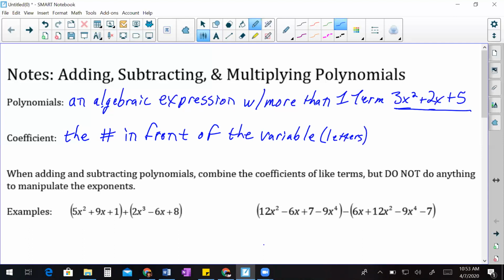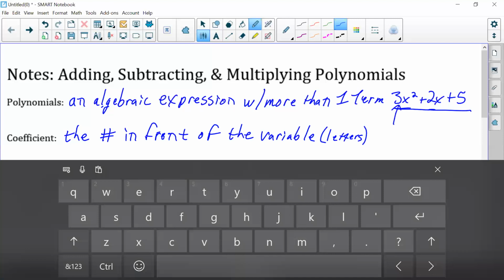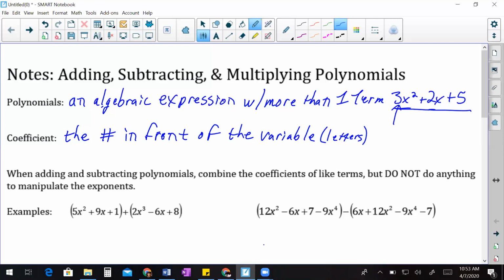So going back to our example, 3x squared plus 2x plus 5. The 3 here is in front of the letters. It's in front of the variable x squared, so it's a coefficient. The 2 is a coefficient. It's in front of a variable, the x. The 5 is not a coefficient. No variables here, no letters. This is a constant. It's called a constant because this value never changes.